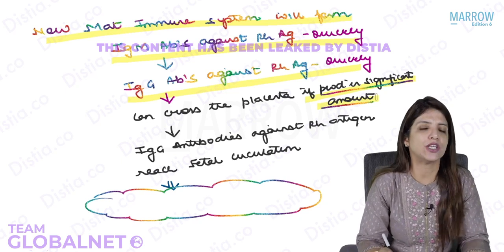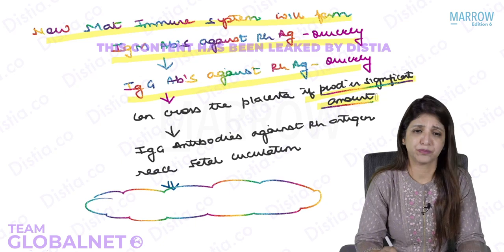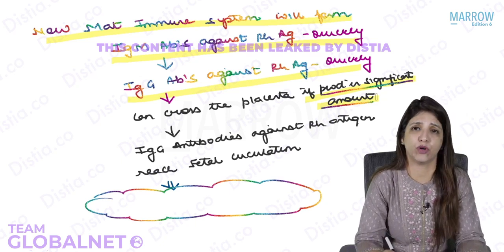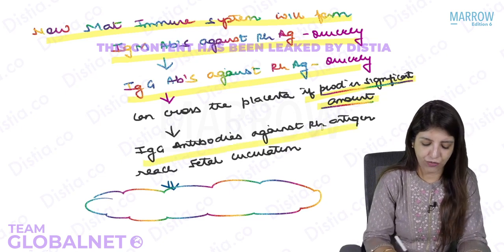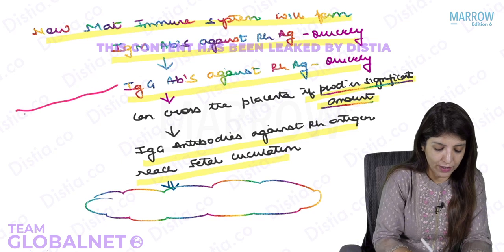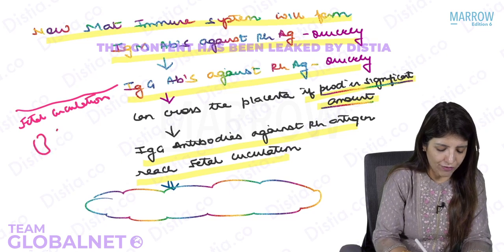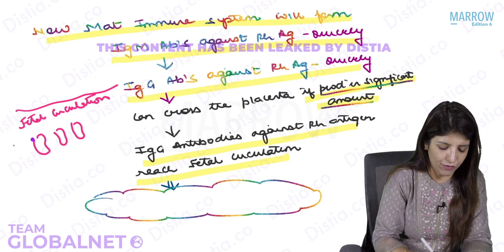So if IgG antibodies against Rh antigen are produced in significant amount, they will reach the fetal circulation. So imagine the fetal circulation over here. In the fetal circulation, we have RBCs, and on the RBCs, we have Rh antigen.